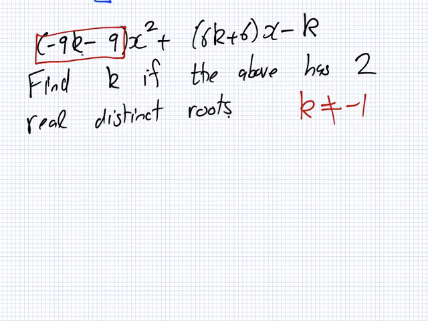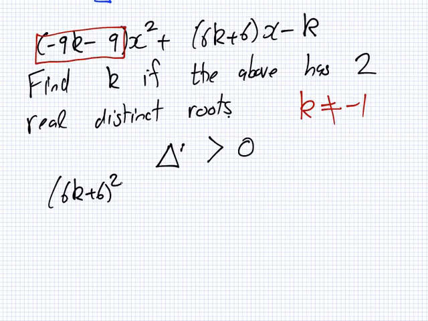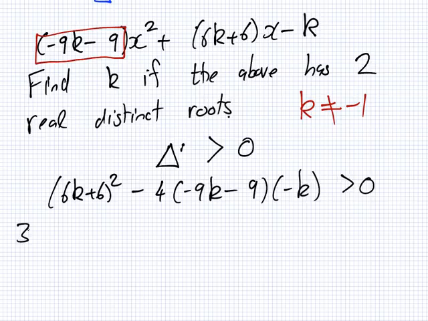Okay. If it has two real roots, the discriminant should be positive. So that means b squared minus 4ac should be positive. 36k squared plus, what's this, 72 is it?